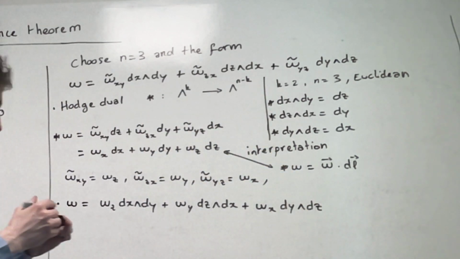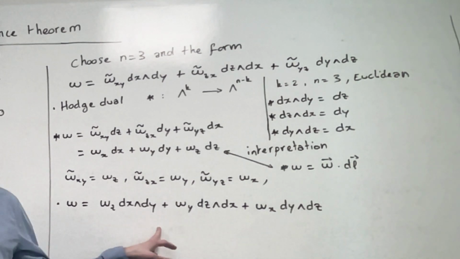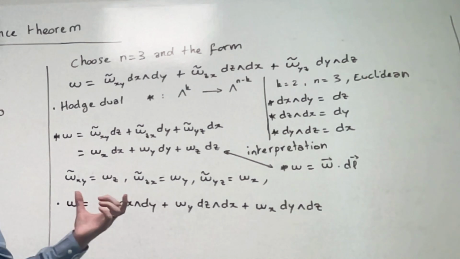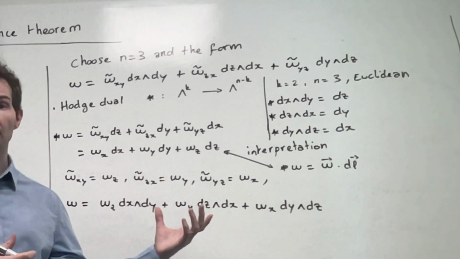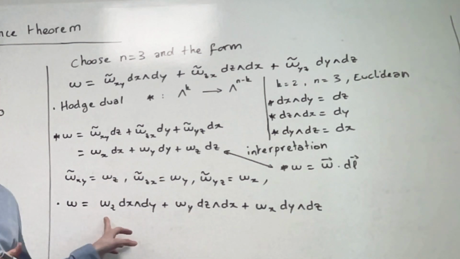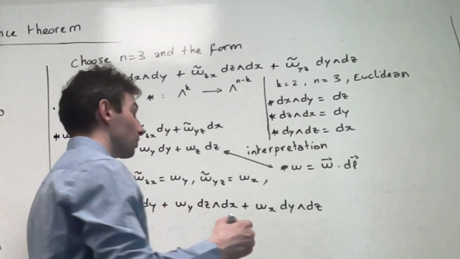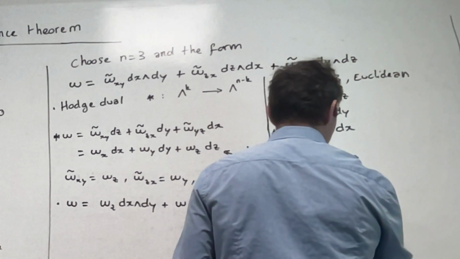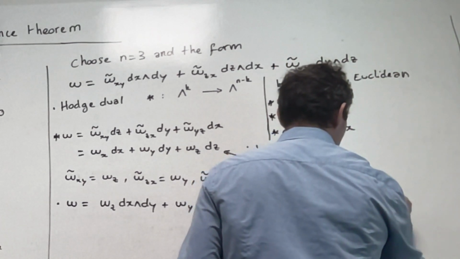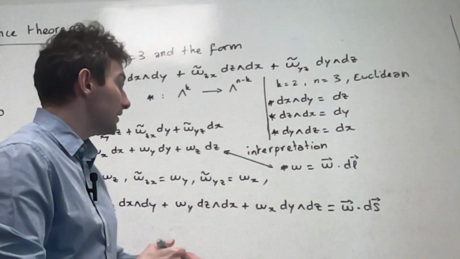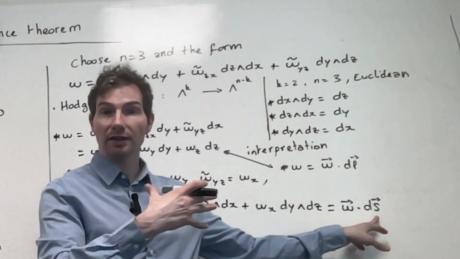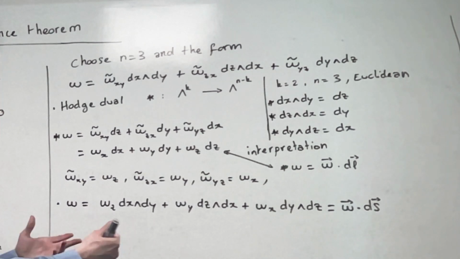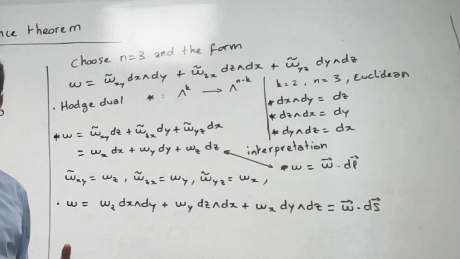And as it turns out, you can interpret this part here as being the flux, so the differential component or part of a flux, of the flux of the field omega. And so actually here, this is going to be the flux omega dot ds, where ds here is basically the surface element on some surface that you would have defined.